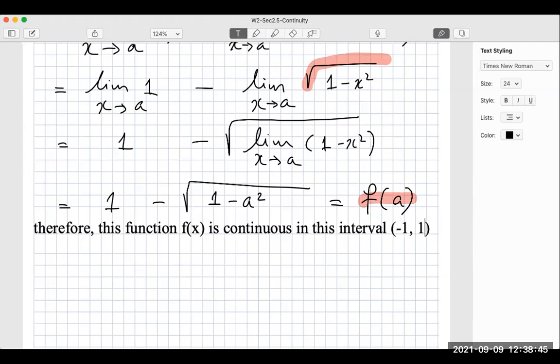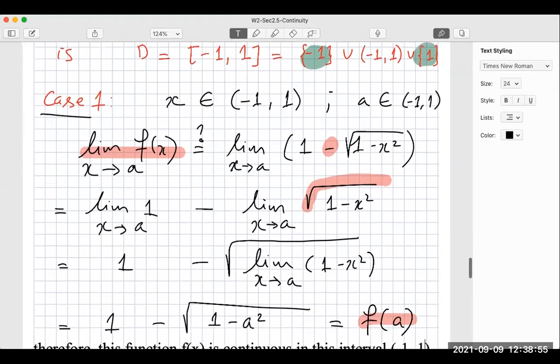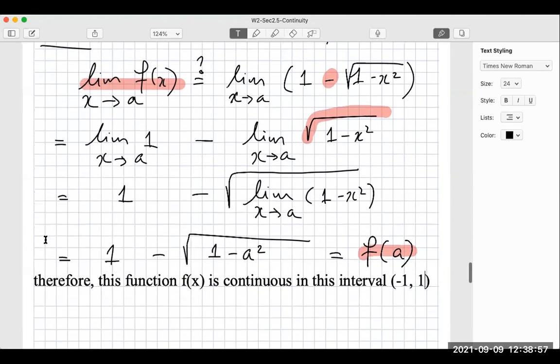Okay, we've done this part. And we need to show that it is continuous in the closed interval, which includes -1 and 1. Okay, so then the second case, we should consider, what is it?